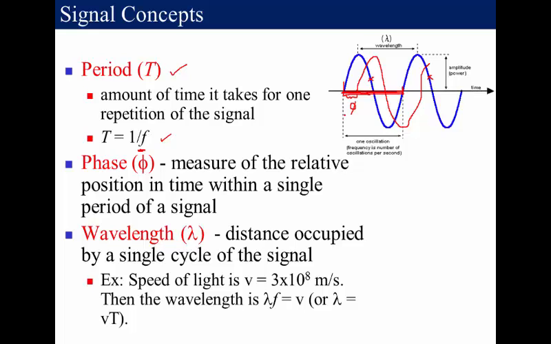By having this period, frequency, wavelength, and by borrowing the speed of light, what is light speed? Light speed is 3 times 10 to the power 8 meters per second.